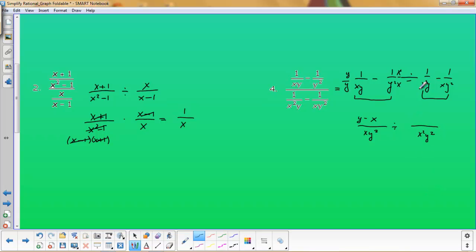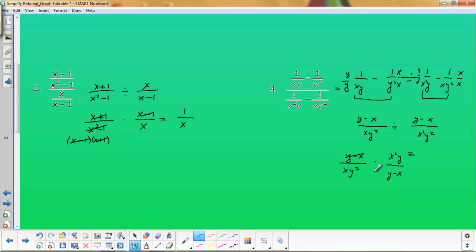And now the thing I need here is another y, so I'll go ahead and do y over y, and that's going to be y minus. The thing I need here is an x, so let's do x over x, y minus x. Now we're going to do keep, change, flip. So it's going to be y minus x over x y squared times x squared y squared over y minus x.